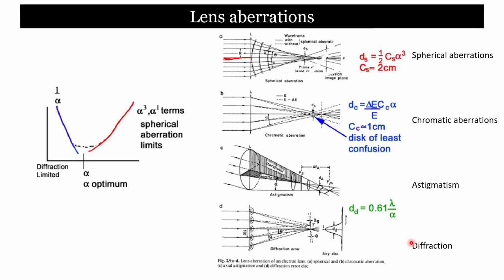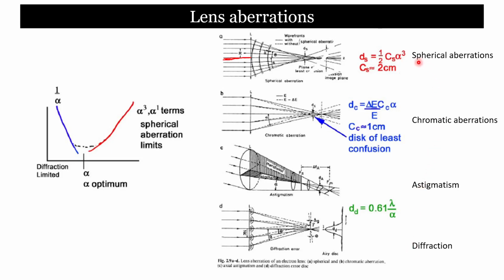The diffraction limitation, dd, is given by 0.61 lambda by alpha, so it is inversely proportional to alpha. To decrease the diffraction limitation, you should have a higher alpha.